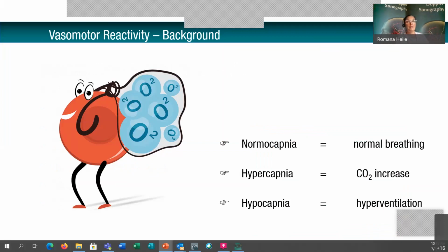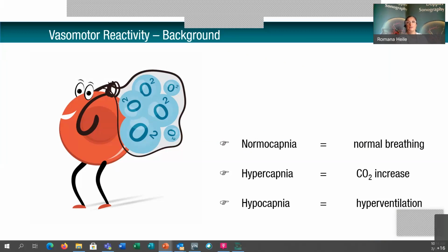For the test methods that we are going to introduce to you, these tests work with two or maximum three test periods. The first period that always appears in one of these different tests is the normal breathing. That's what we call baseline, or in terms of vasomotor reactivity testing, we are calling it normocapnia.